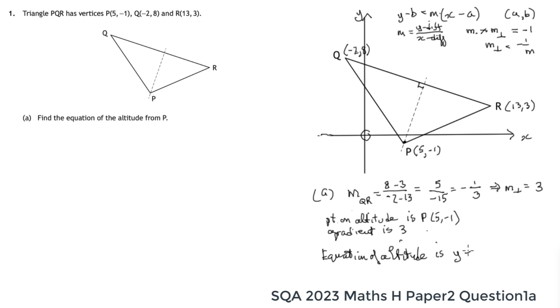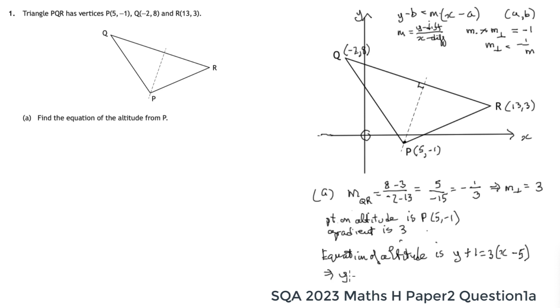That's y minus -1, that'll be y plus 1, equals m, that's the gradient, which we're saying is 3, x minus the x coordinate of the point that's on the line, and that's 5. So it's x minus 5. So there's the equation, which needs now to be tidied up.